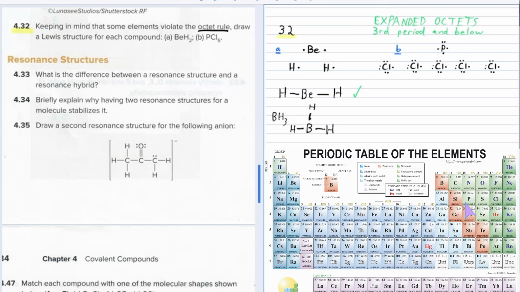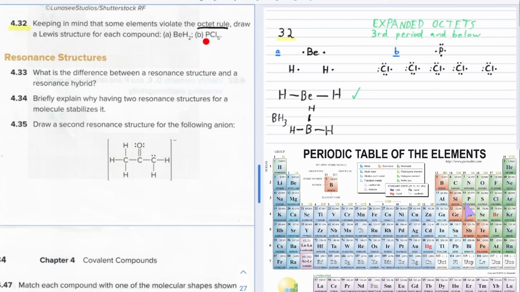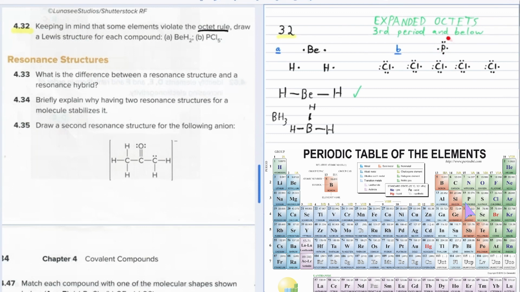So 3rd period and below, expanded octets are possible. So this problem has us look at PCl5, phosphorus pentachloride. Now phosphorus has 5 valence electrons because it's in group 5A, and then the chlorines each have 7 because they are in group 7A. Using symmetry as a guide, it's always good to do that.